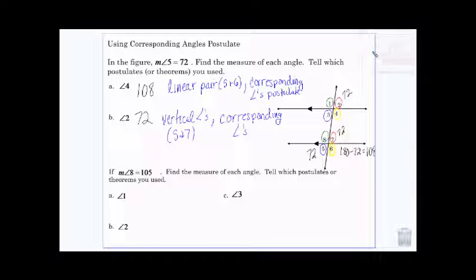Same setup, but we're going to say that 8 is 105. Okay, so 8 is 105. If we know what 8 is, we know what 1 is, because they're corresponding.